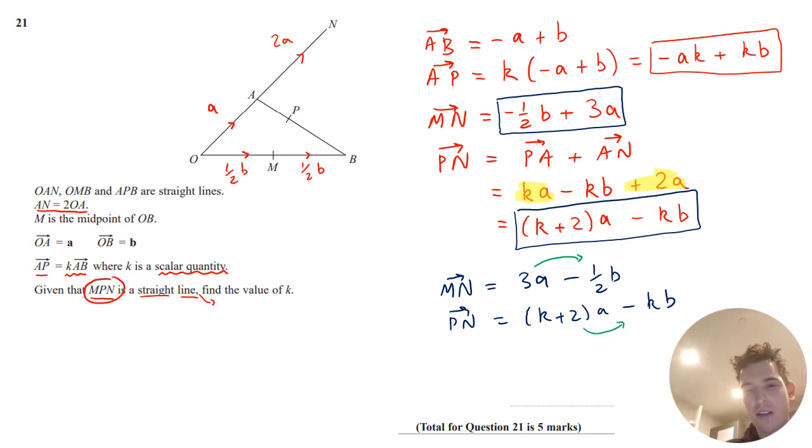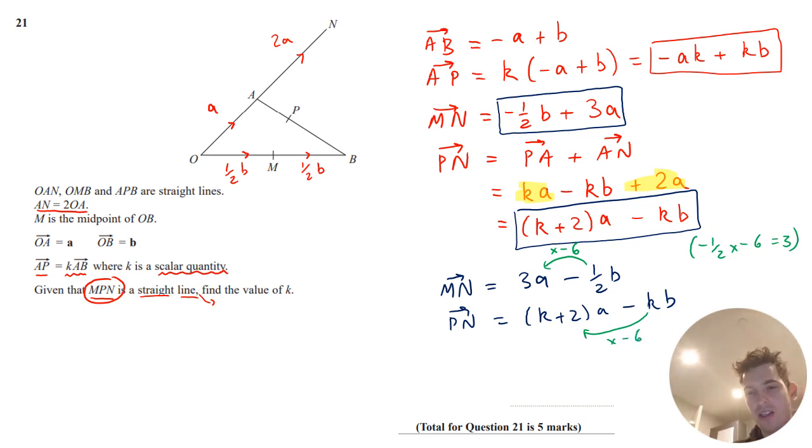And I can see what it's going to be for M to N. My scale factor, actually a bit easier if we do it the other way around, to get from my b part of the vector to my a part, I'm going to multiply by -6, because -1/2 times -6 gives me 3. So therefore, for PN, I'm going to have to do the same thing. I'm going to have to multiply by -6.